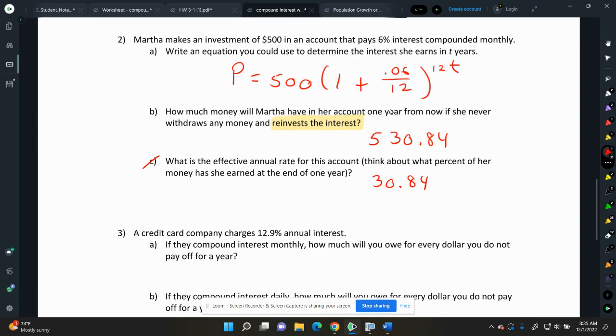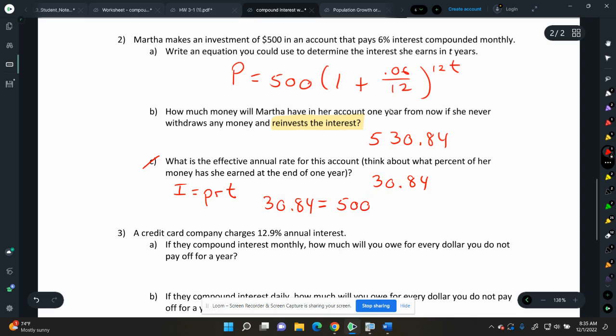So if I made, right, interest equals PRT. If I made $30.84, what's the interest rate that I made? So I started out with $500, and this was over 1 year. So we'd have 30.84 divided by 500.